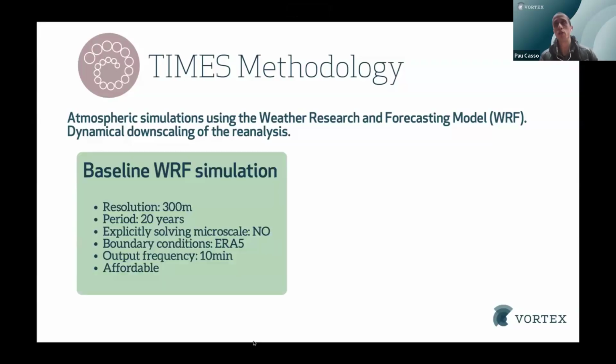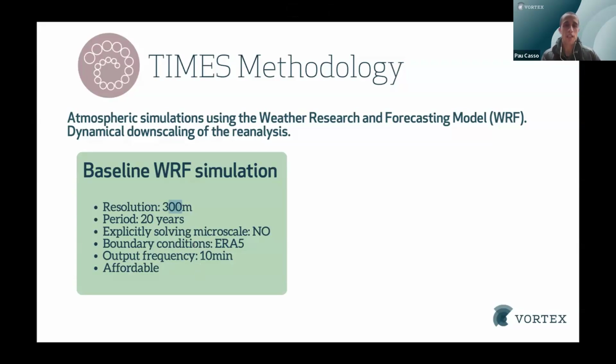Well, what we decided is to run two separate simulations. On one hand, we run WRF, what we call a baseline simulation, that will cover 20 years explicitly. And we are generating a pretty high resolution, not super high, but still pretty high, which is 300 meters. And we are able to generate 20 years of data with a 10-minute output.